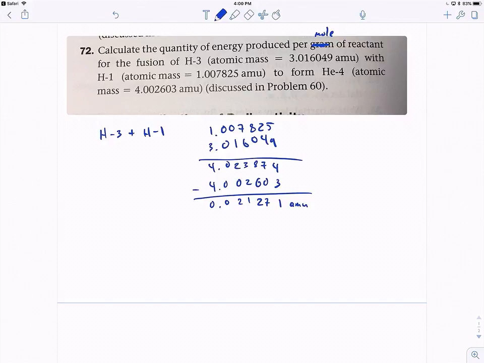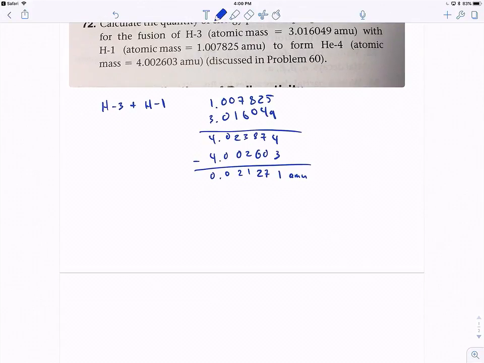So then the conversion here: 0.021271 AMU times the energy, which is 931.5 mega electron volts per AMU.